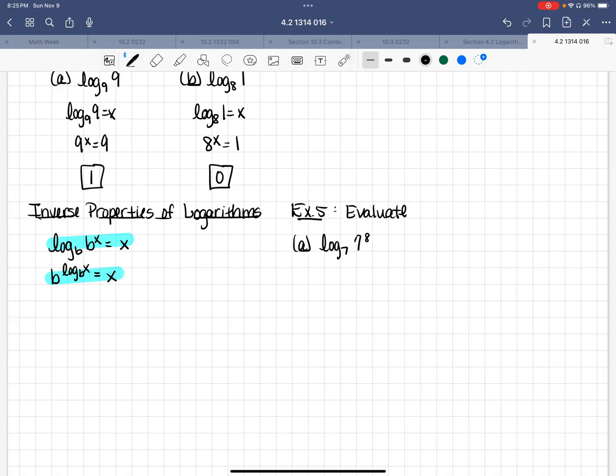And B, I have 3 to the log base 3 of 17. Okay. In A, that log base 7 of 7 to the 8th causes that 8 to drop down. And then in B, that 3 and log base 3 causes that 17 to drop down.